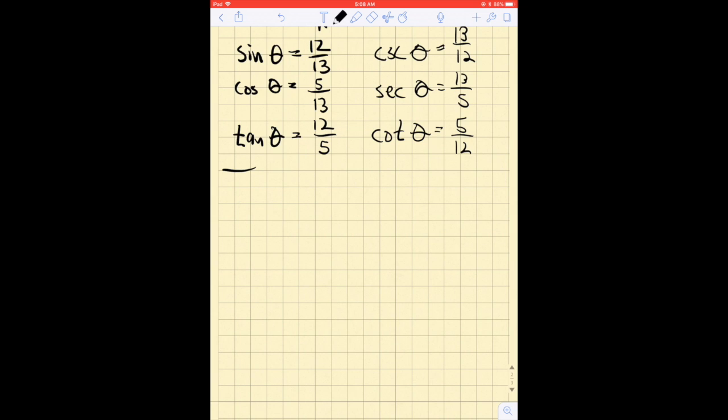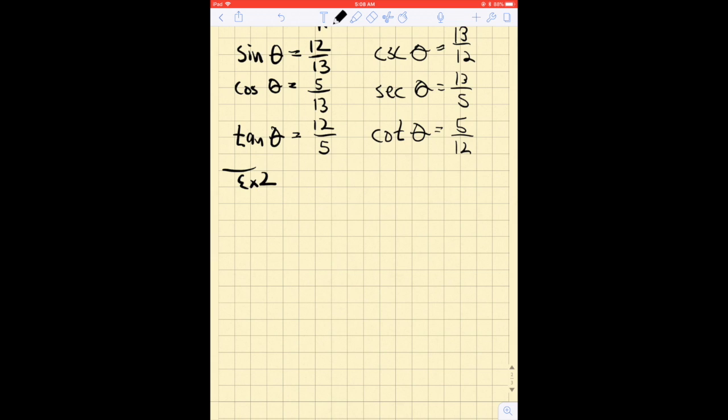Now, we can get trickier with this, example 2. So I'll write it out.